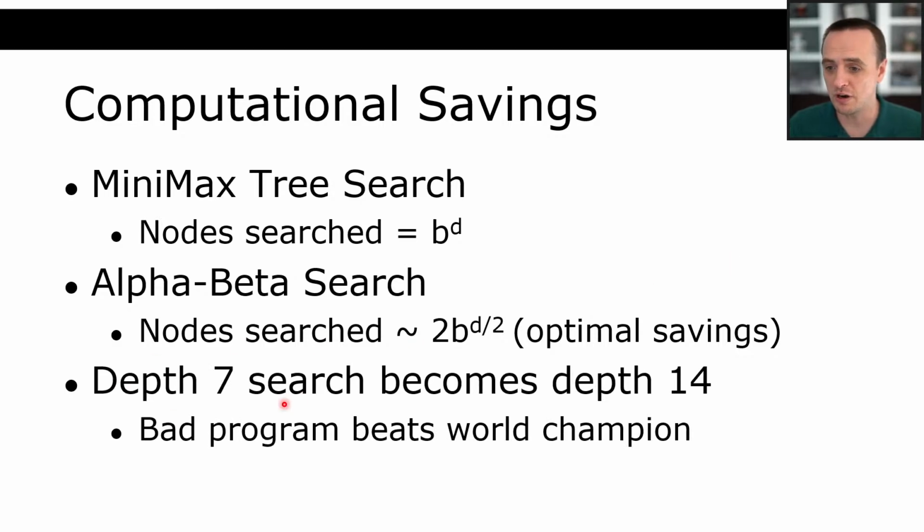So if you previously could only search to depth 7, now you could actually search to like depth 14. And so a depth 7 program in a chess game is going to be a pretty bad program, but a depth 14 program may beat the world champion, right? So the cost savings are huge. Okay.